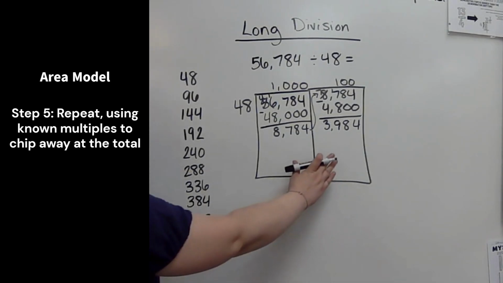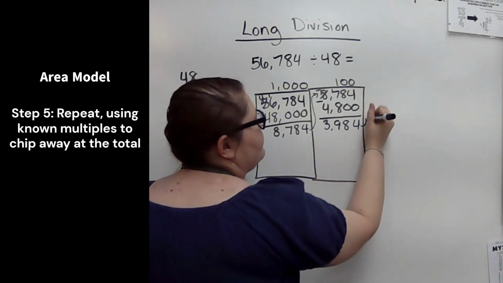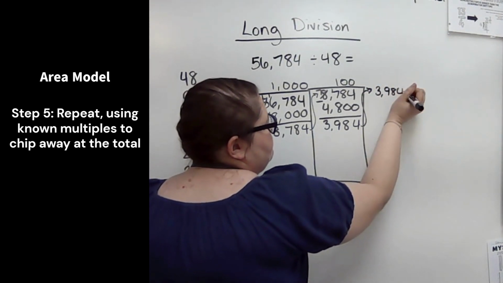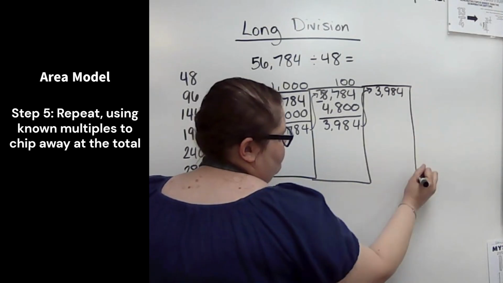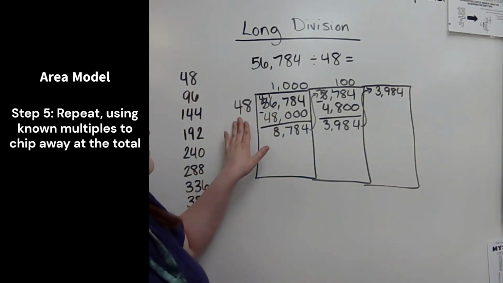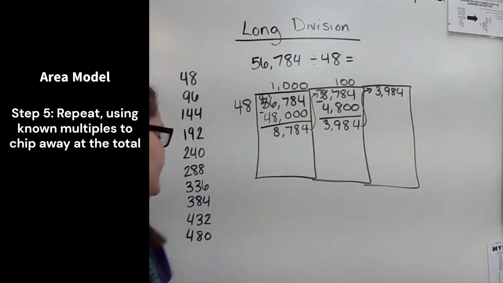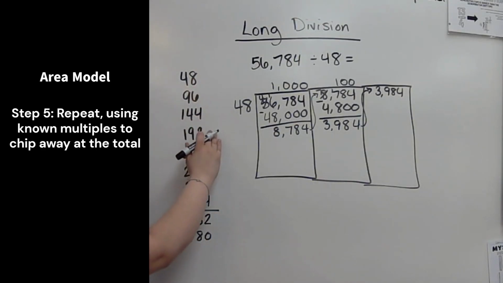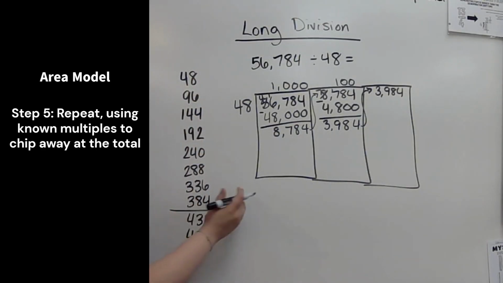I'm going to take that 3,984 and give it a new box. I know that 48 can get us close to 398 because we have our multiples list and we know that it's here. And that's 1, 2, 3, 4, 5, 6, 7, 8.